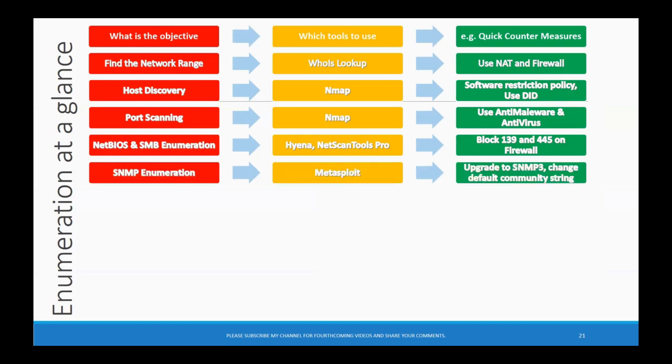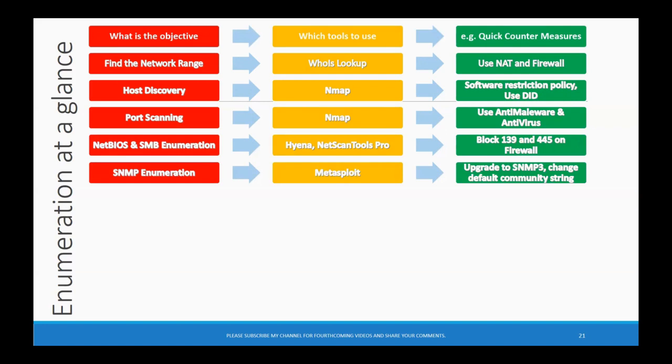And the next is SNMP enumeration, Simple Network Management Protocol. We have seen the tool of Metasploit; we used that auxiliary for this. So what can we do to protect from SNMP enumeration? Upgrade to SNMP version 3, which will provide encrypted traffic.